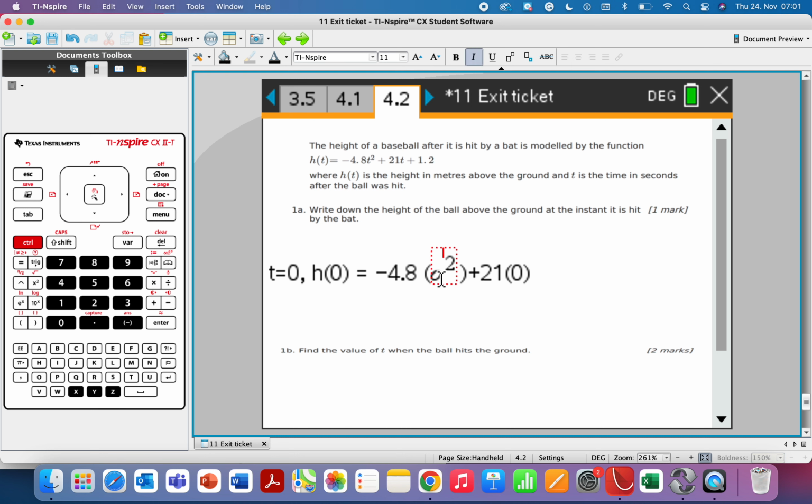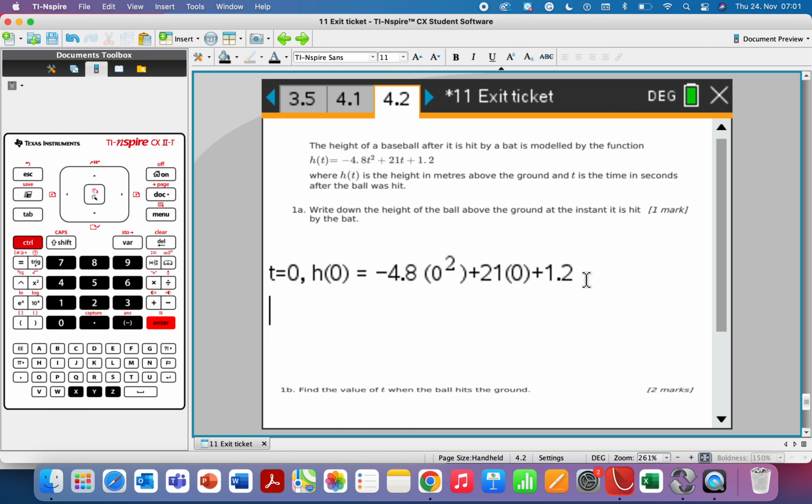Oh, that's an O instead of a 0. Plus 1.2. So can you see that actually the 1.2 is the y-intercept, and that's the height of the ball above the ground when it is hit. And so here h of 0 equals 1.2.